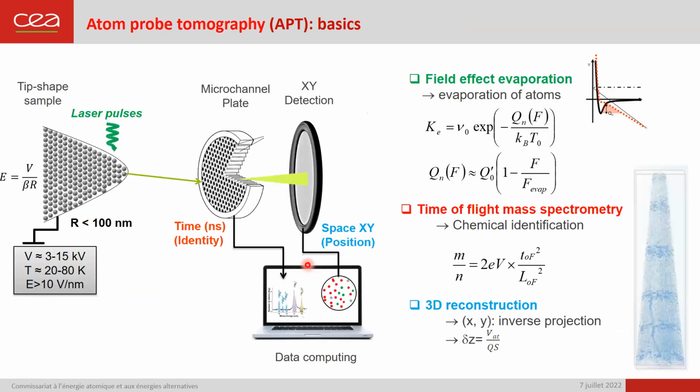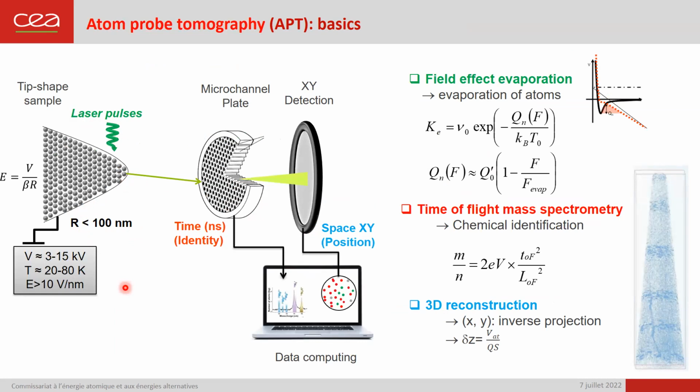So how does atom probe tomography work? This technique is based on field evaporation of a tip-shaped sample with an end radius down to 100 nanometers, which is placed in a high vacuum chamber and cooled down between 20 and 80 Kelvin.